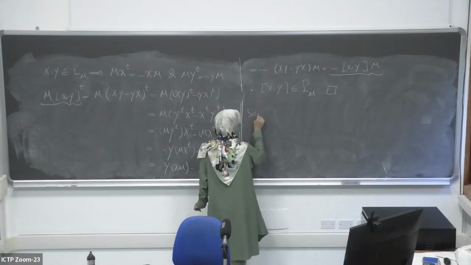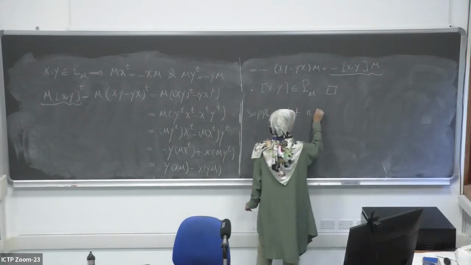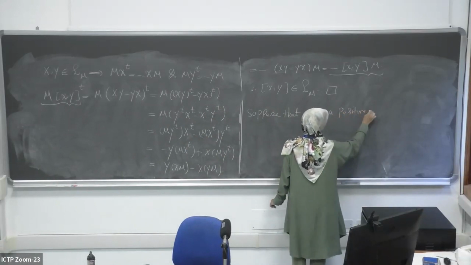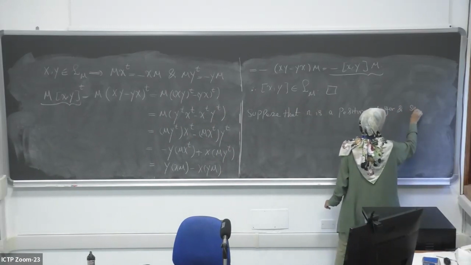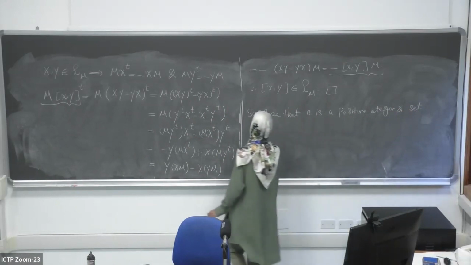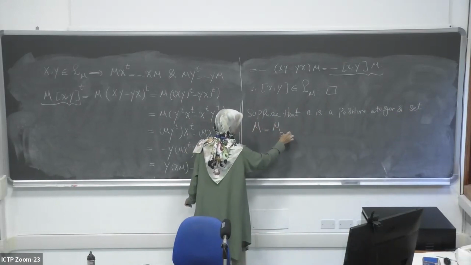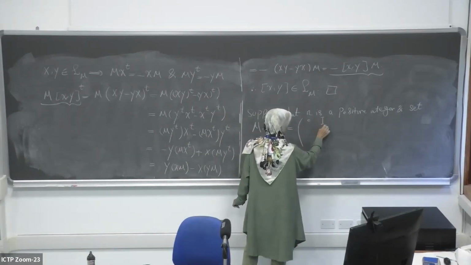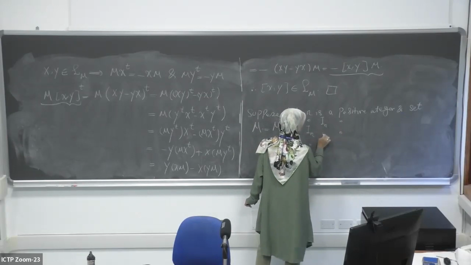Suppose that n is a positive integer and set M_B to be the matrix with blocks 0, I_n, 0; I_n, 0, 0; 0, 0, 1.